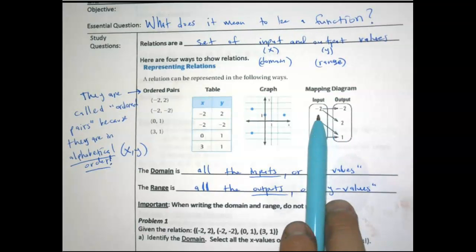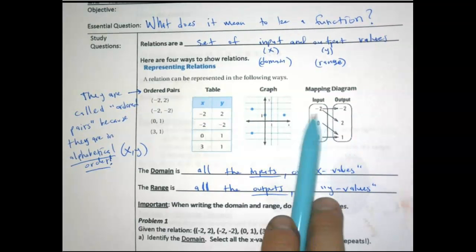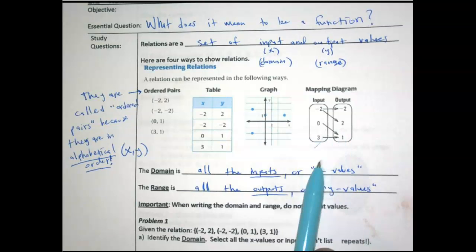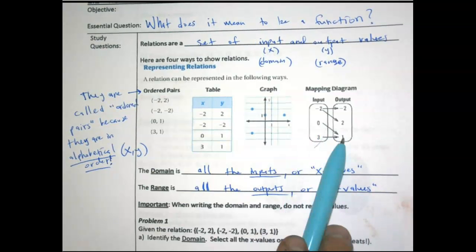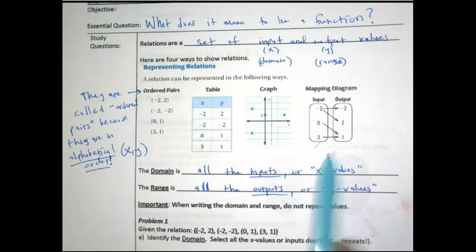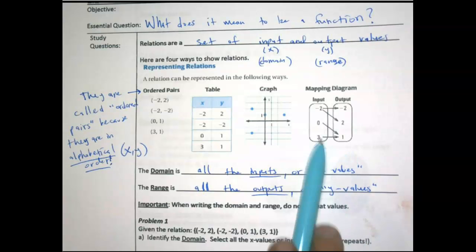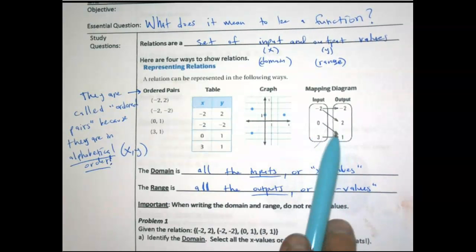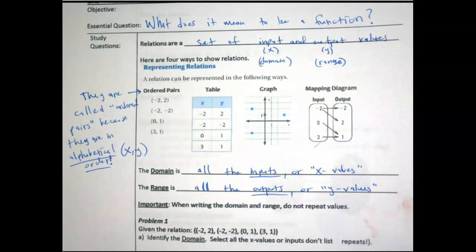So -2, -2 goes together, -2, 2 goes together, 0, 1 goes together, and then 3, 1 goes together. So you see whether it's in the input or output, instead of listing it twice, we just use arrows to point at it twice if it shows up twice. So 4 ways to represent a relation.